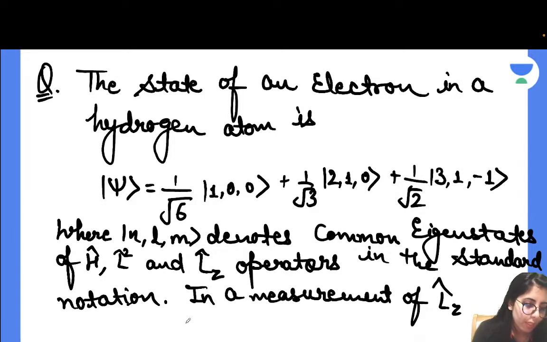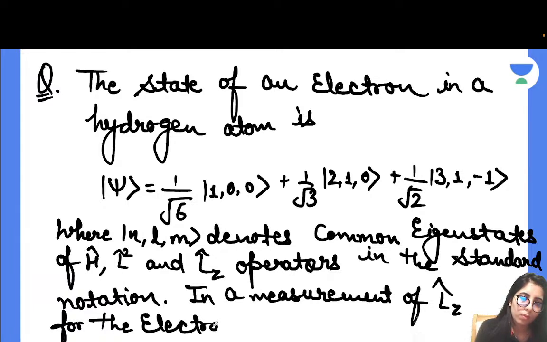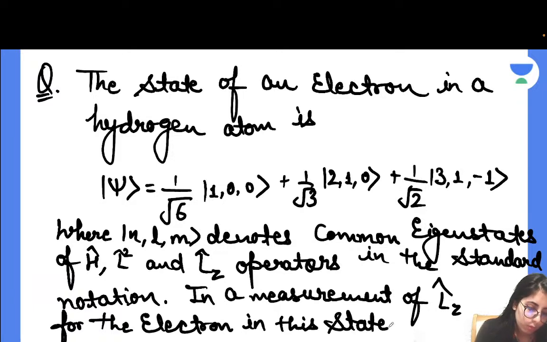In a measurement of Lz for the electron in this state, the result is recorded to be 0.